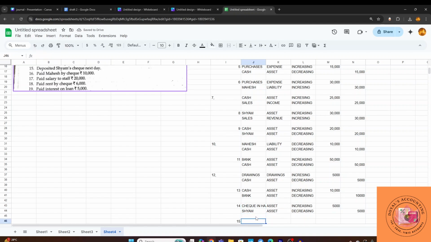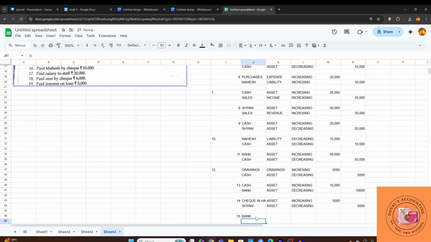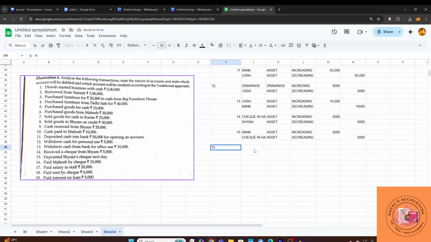Now that we have deposited Sham's check in the bank the next day, the accounts involved will be bank and check in hand. Now both are assets. Our bank balance is increasing and our check is being deposited. So its balance will be written off, 5,000, 5,000.